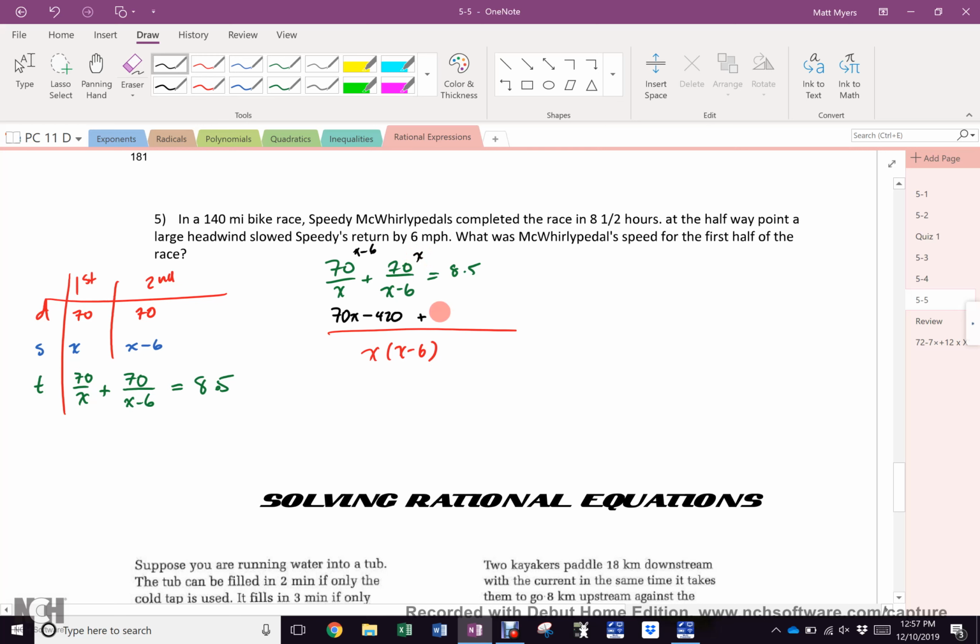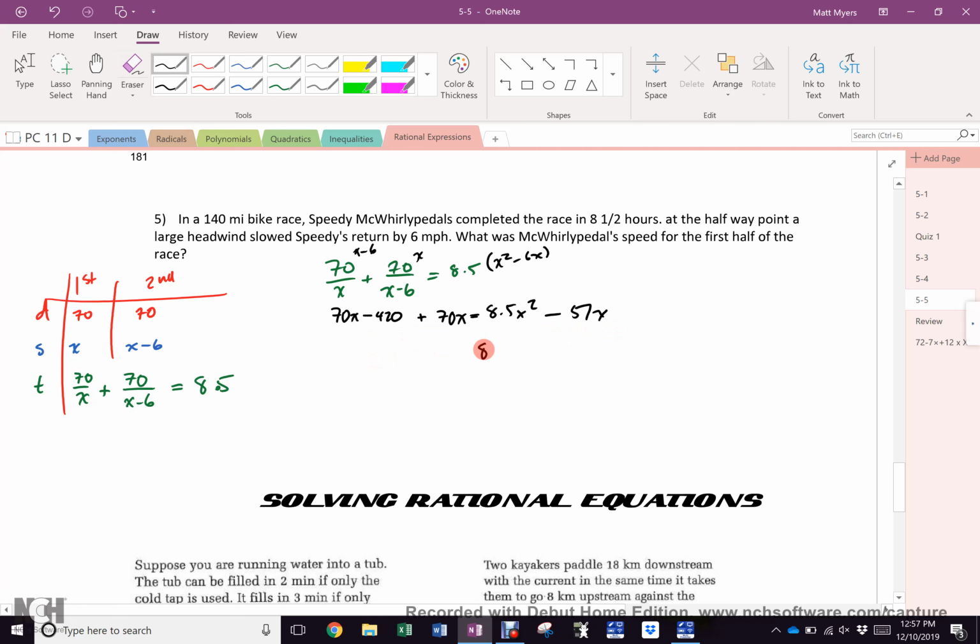So what's that? Equals x squared minus 6x, so it's 8.5x squared minus 8 times 6 is 48, 0.5 times 6 is 3, minus 51x. Is it over a common denominator? Do I care about the bottom? So what do I do with that now?